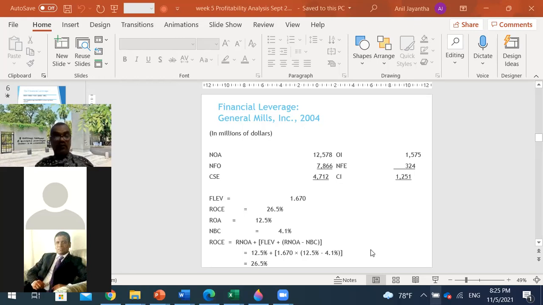The difference of 14% is, in other words, the impact of financial leverage. Impact of financial leverage is 14%. It can be calculated by deducting 12.5% from 26.5, or you can multiply 1.67 by 8.4. Just check whether you get it.